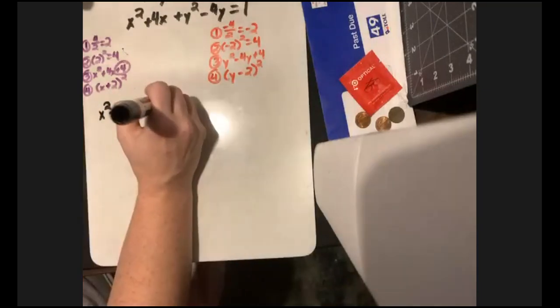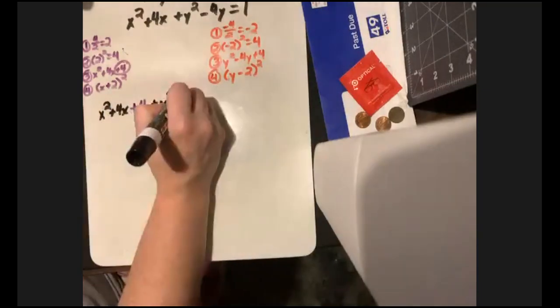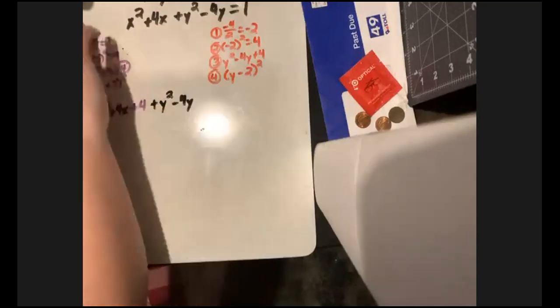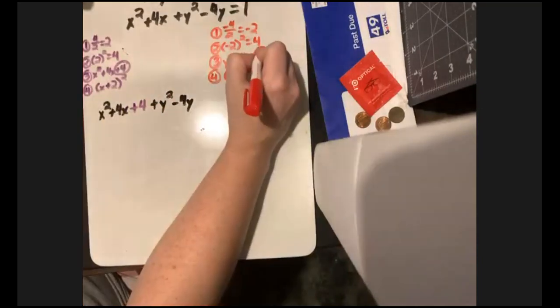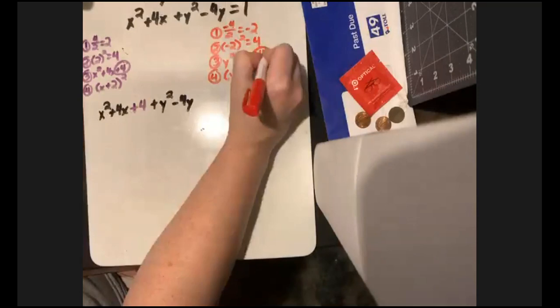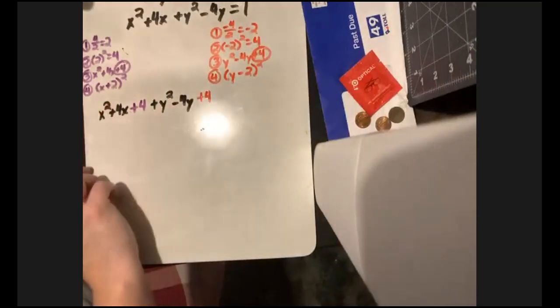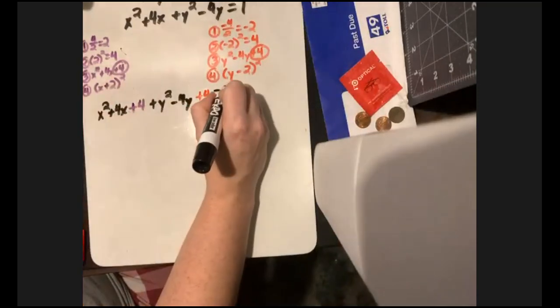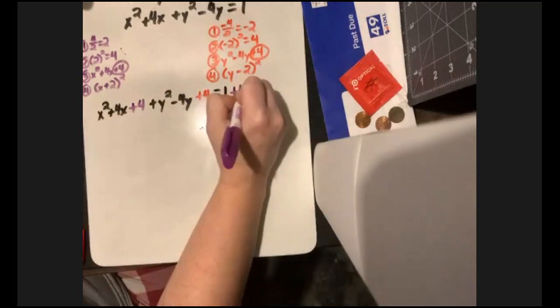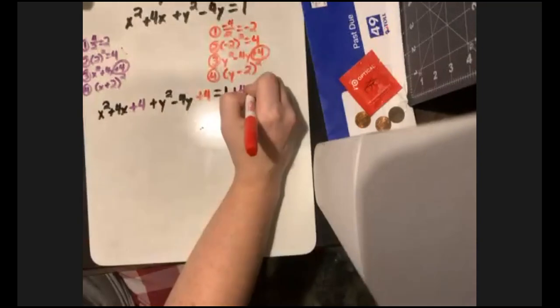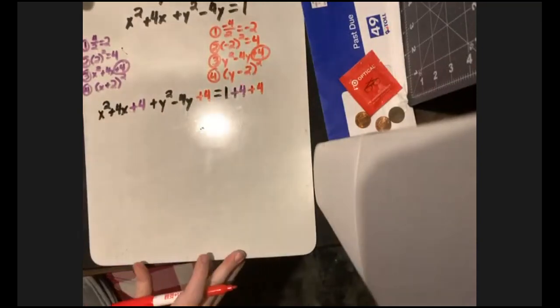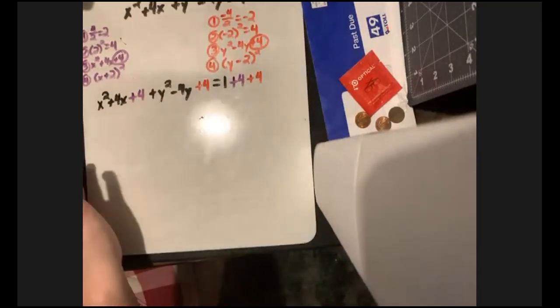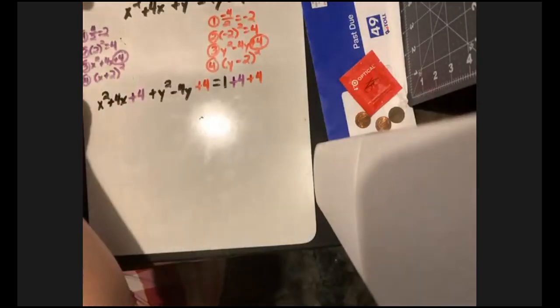Then I'm going to have y squared minus 4y. This one was also a plus 4. So I'm going to have plus 4 equals 1. Now again, I can't go putting stuff on one side and not putting it on the other. So I'm going to put both that purple 4 and that red 4 over onto the other side.